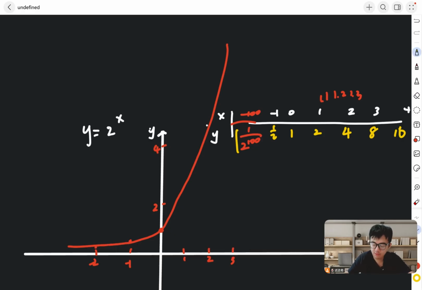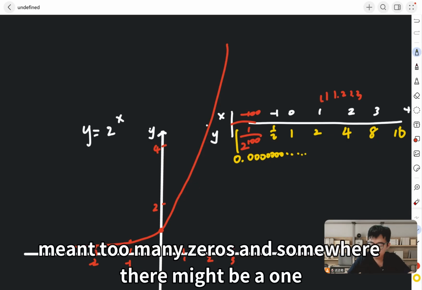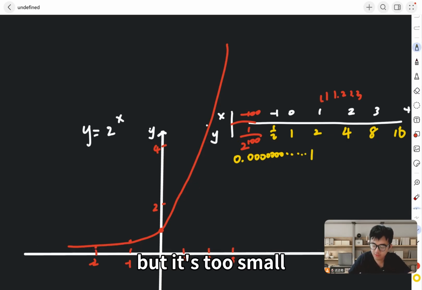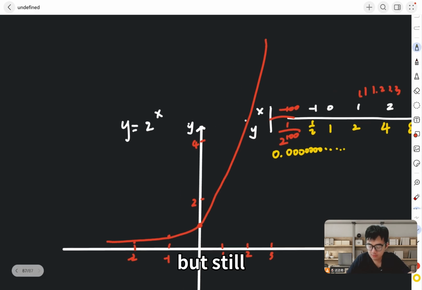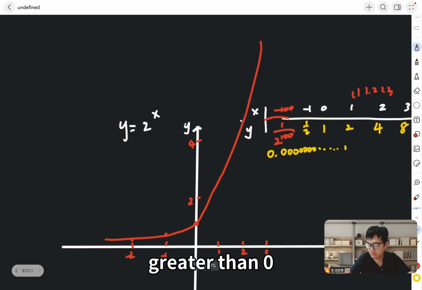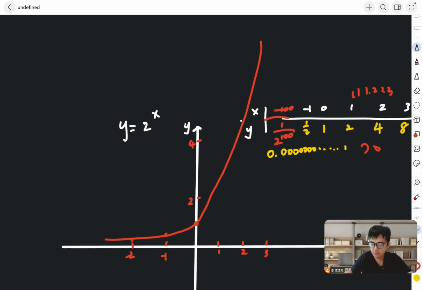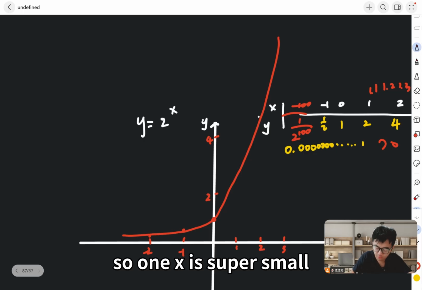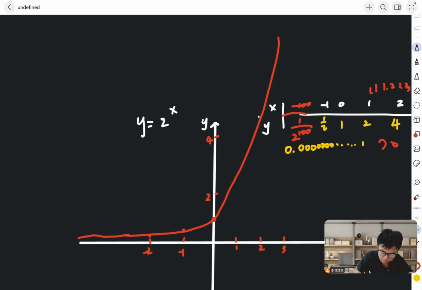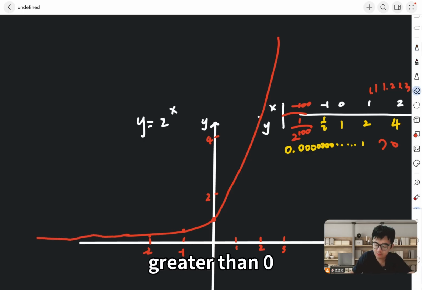It will be 0.00000, too many zeros, and somewhere there might be a 1, but it's too small. But still greater than 0.